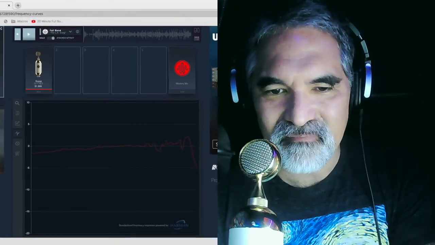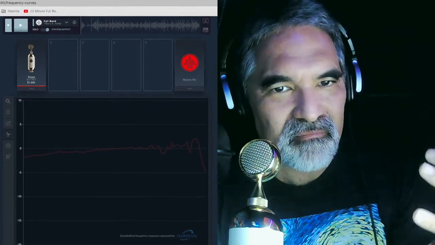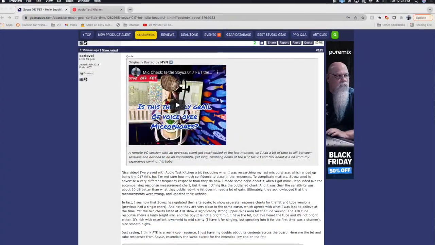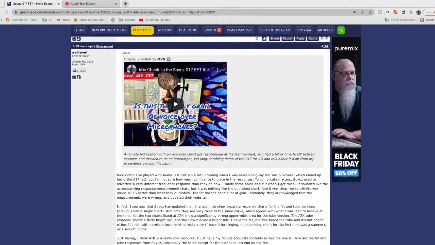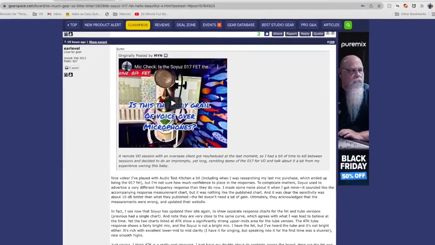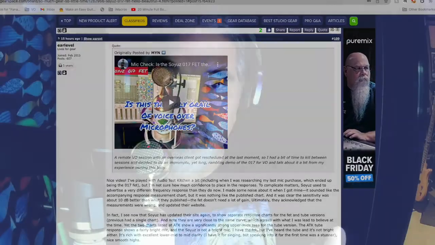So the Audio Test Kitchen frequency response plot for the 017 FET looks like this. Gearspace user EARLEVEL told us that when he used Audio Test Kitchen to discover which microphone to buy next, he used it as a resource, which is what the creators of Audio Test Kitchen intended.